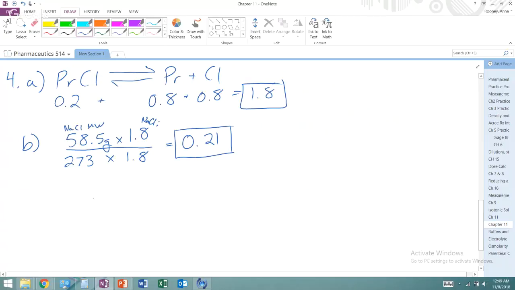Then you have to find the freezing point depression for 1 molal. Well, in the previous one, we had half a liter, so 1 molal would be over 1,000. You would just take the dissociating content. So it would be 1 times 1.8.